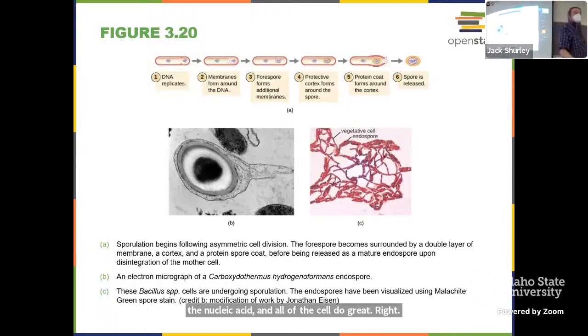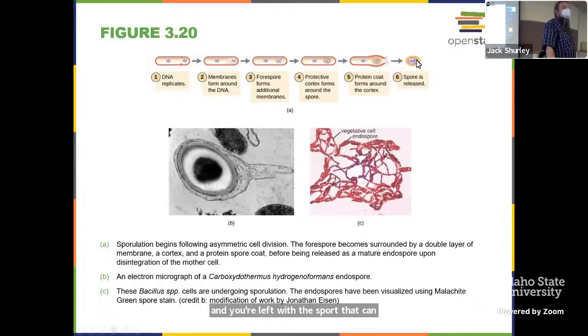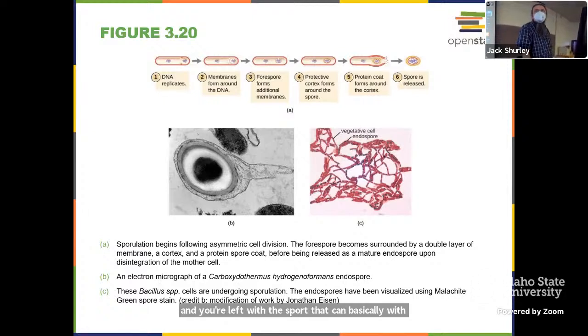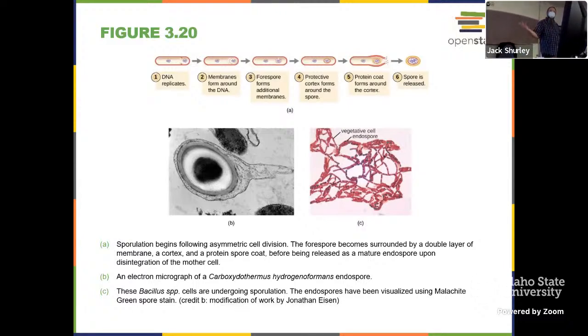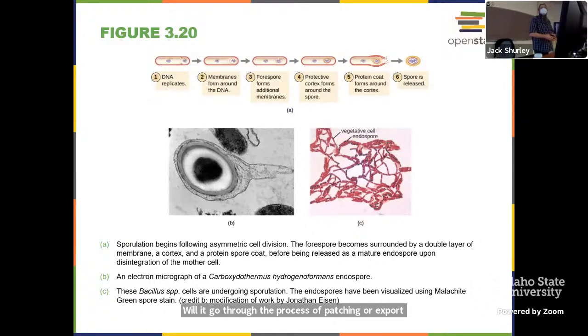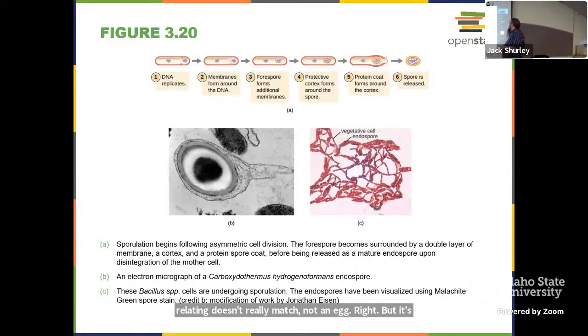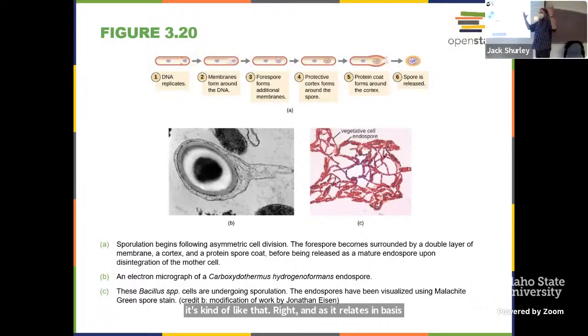And you're left with this spore that can withstand all sorts of very adverse conditions, right? And not until it's back in a hospitable situation will it go through the process of hatching or exfoliating. It doesn't really hatch. It's not an egg, right? But it's kind of like that, all right? And as it exfoliates, it releases and comes out of its shell, if you will, and starts replicating, right?